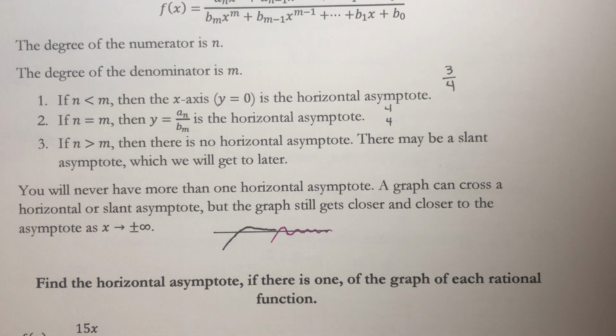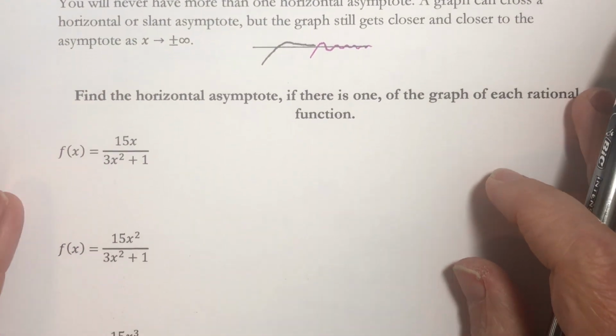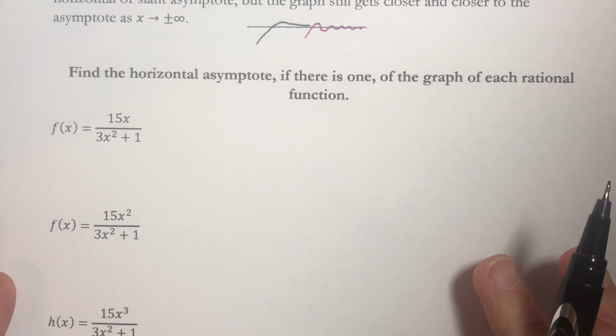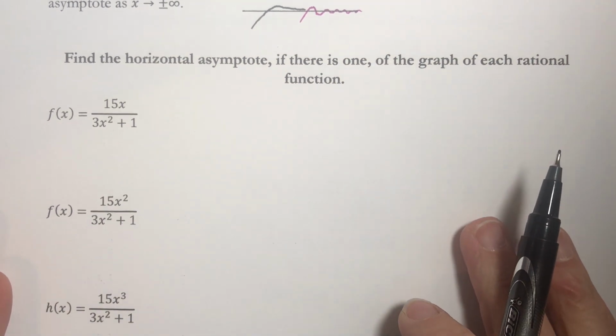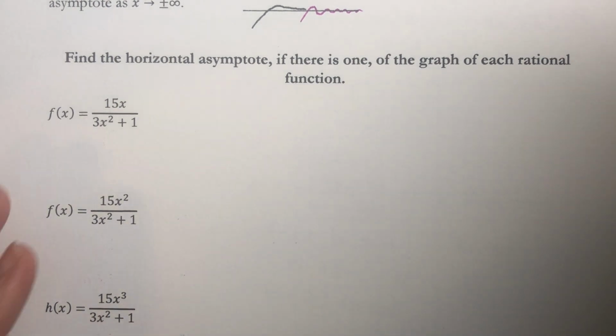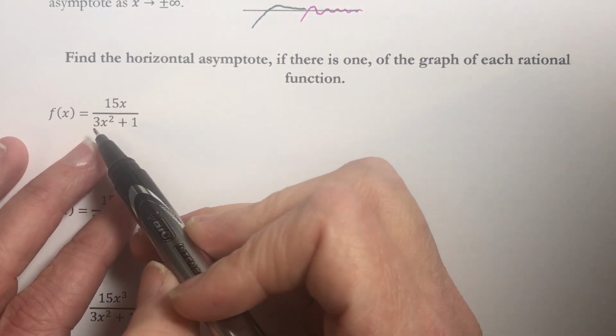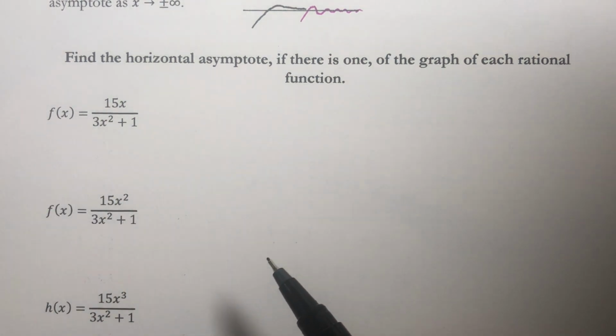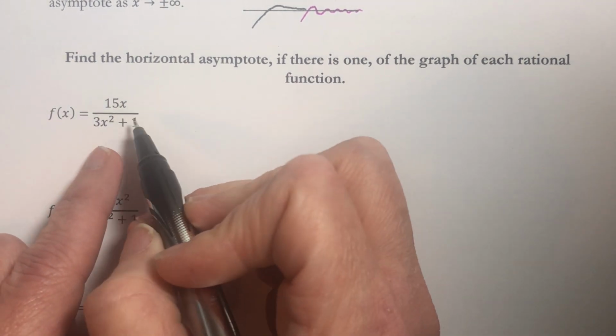Okay, let's get some practice here. Find the horizontal asymptote, if there is one. I have 15x over 3x squared plus 1. So we look at our degrees.